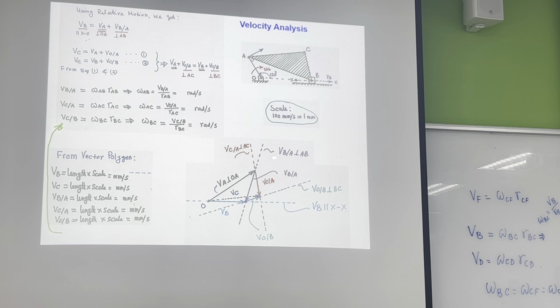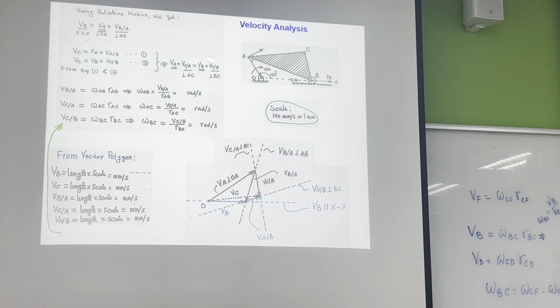I'm not interested in VBA anymore because it has nothing to do with that line. VBA is for connecting dots A and B. Our velocity VBA has nothing to do with our VCA because it is a different side. So now I draw the dotted line here, and then I move on to the right hand side.